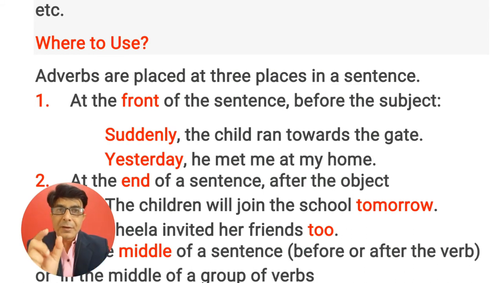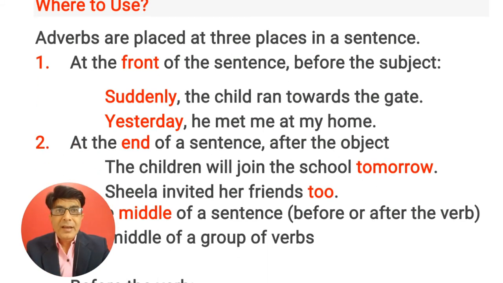Now here the word suddenly is an adverb used before the subject, the child. The child is the subject. In the same manner, yesterday he met me at my home. Here the subject is he, and yesterday is your adverb. So the first place is in the beginning of the sentence.